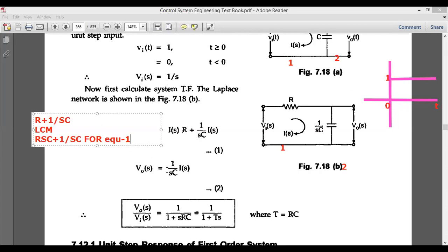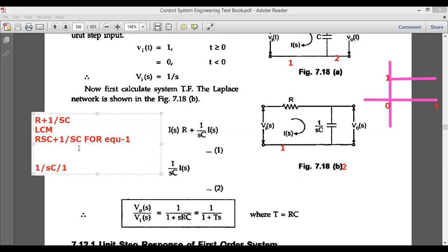Then how to go for solving? V naught of S divided by Vi of S is just written in terms of V naught of S divided by Vi of S. So what is V naught of S? It is 1 divided by SC. So here you can write 1 divided by SC, whole divided by Vi of S. What is Vi of S?